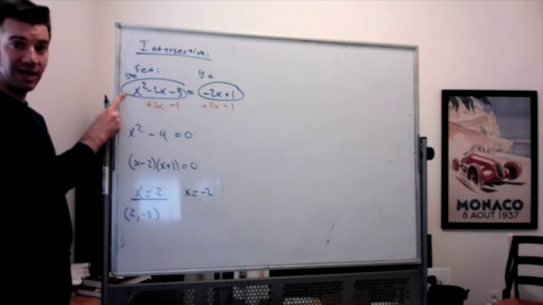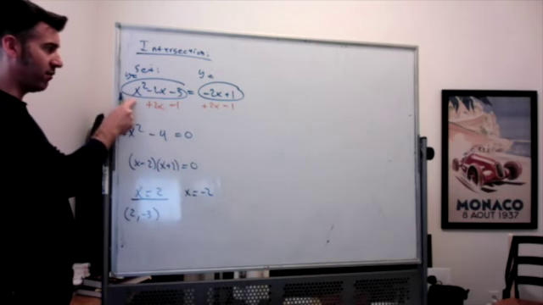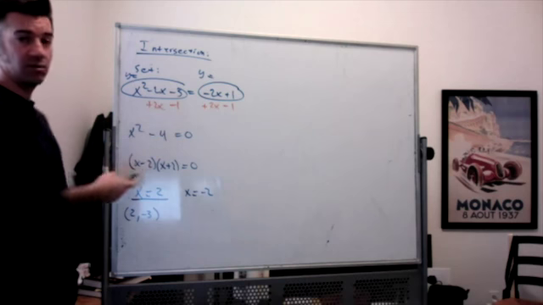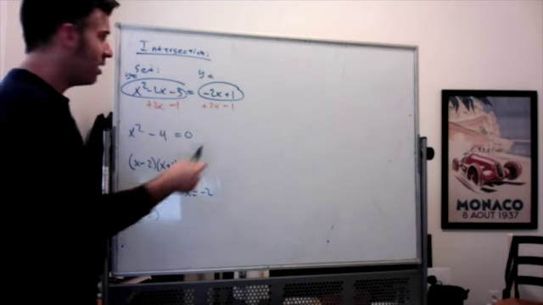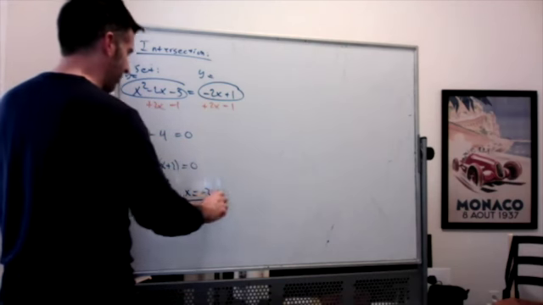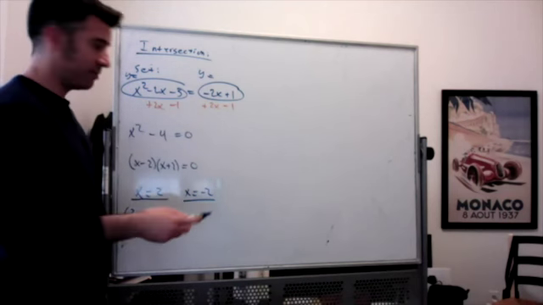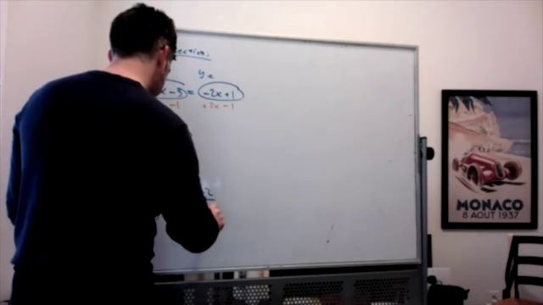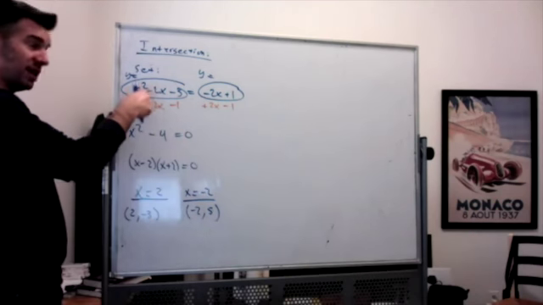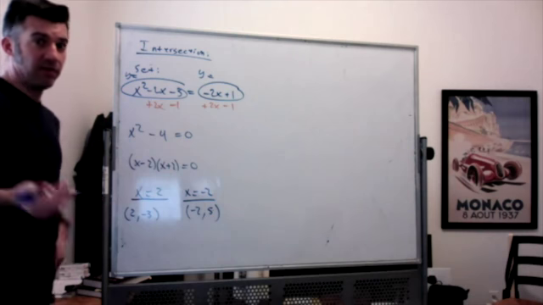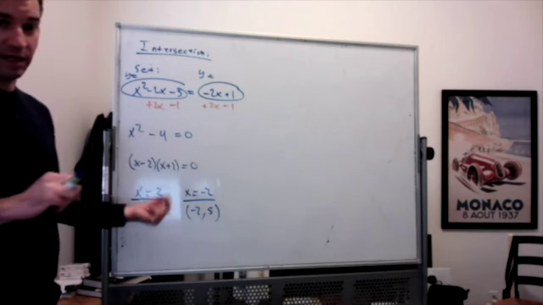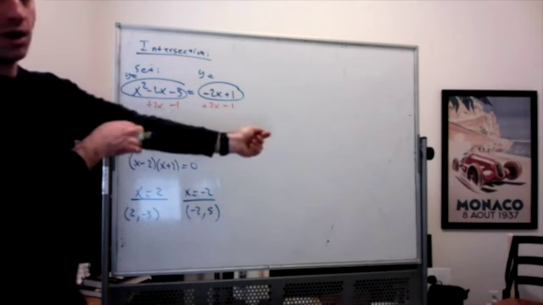It's also what I would get if I plugged in 2 here: 4 minus 3, which is negative 3. And then I'm also going to get negative 2. So if I plug in negative 2 here, negative 2 times negative 2 is positive 4, plus 1 is positive 5. Which would be the same thing if I plugged in negative 2 here, I would also get positive 5. Right? That's how we know they're intersection points, because you get the same x and y coordinate for either graph.